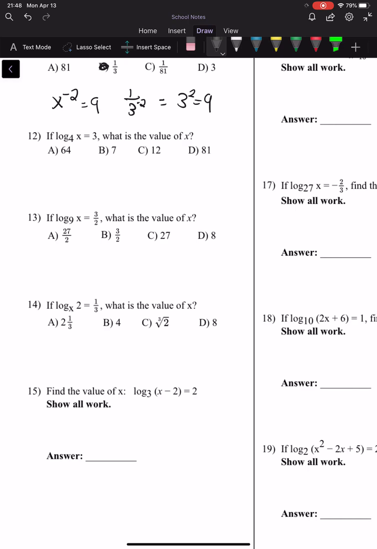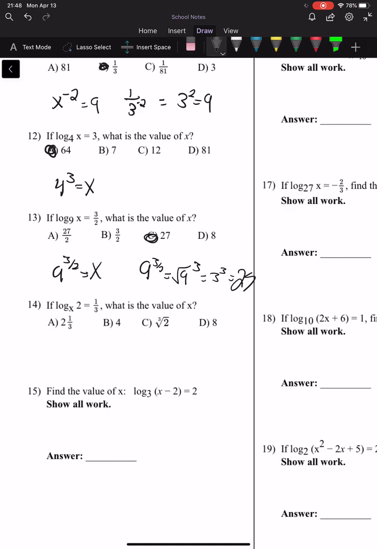Number 12, we're going to have 4 to the third power equals x. So what is 4 cubed? 64. Number 13, 9 to the 3 halves power equals x. So that's the same as the square root of 9 cubed, which is 3 to the third power, which is 27.